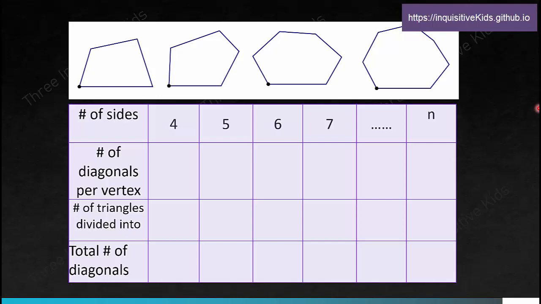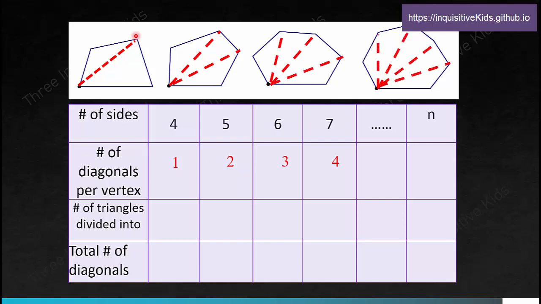From one vertex, there can only be one diagonal, because the other two vertices are adjacent and would be connected by sides. So it can only connect to its opposite vertex. And the rest is 1, 2, 3, 4.